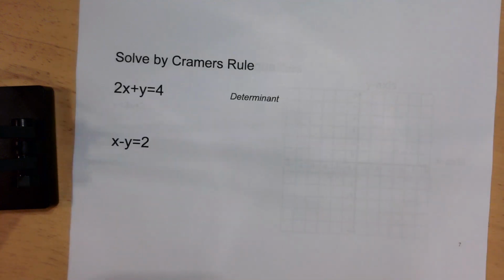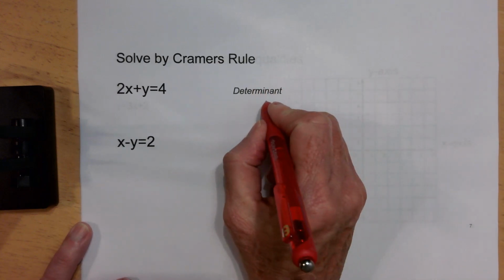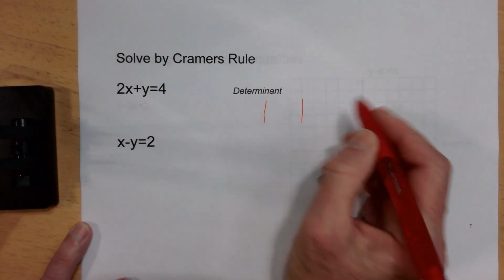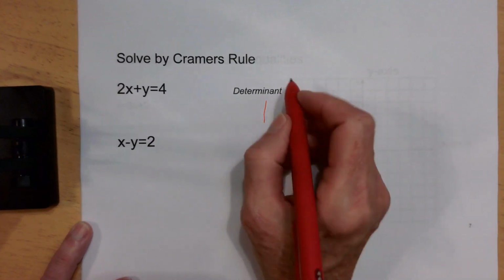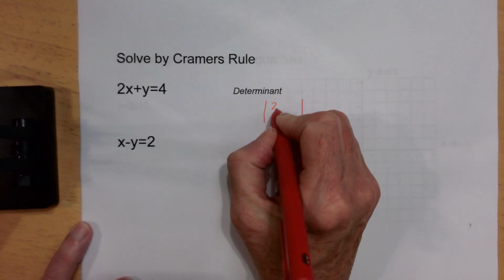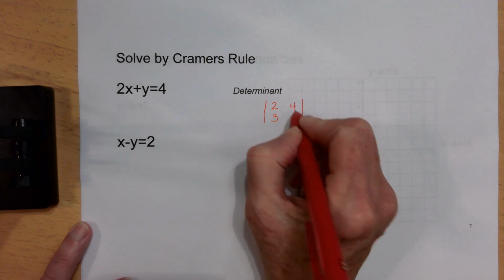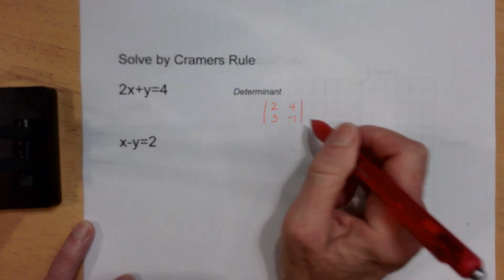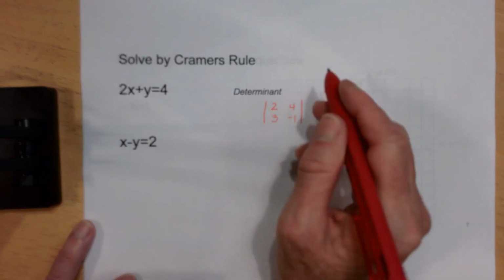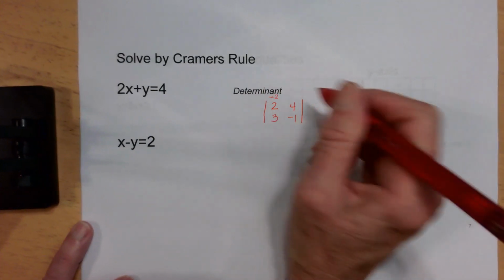Okay, the next way that we learned, and the final way, was by using Cramer's rule. Now, to remember how to do this, you have to go back and remember what a determinant is. If I have a square matrix, so let's say I have this matrix, to find the determinant, you multiply up, so that's going to give me a negative 2.